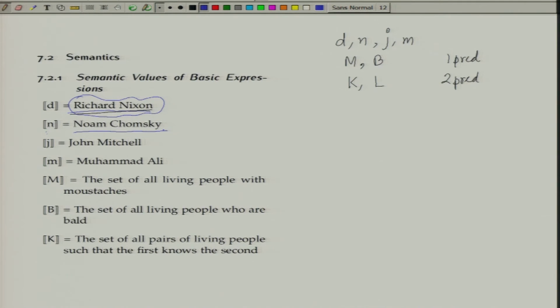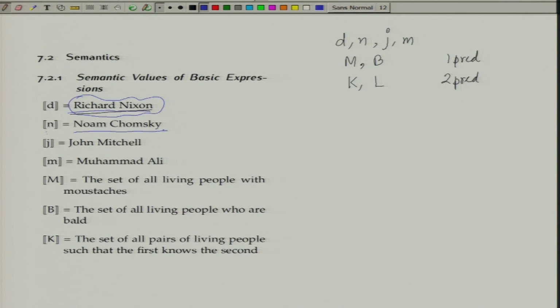Let's pretend that this is a real person, and the same about John Michel. And finally, M is Muhammad Ali, and the reference of M is the set of all living people with mustaches. The reference of B is the set of all living people who are bald.